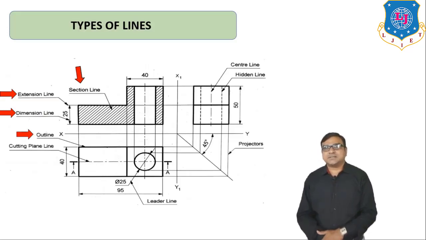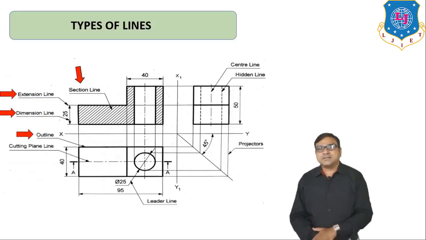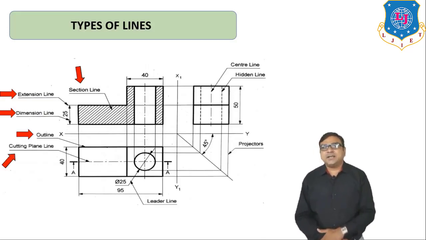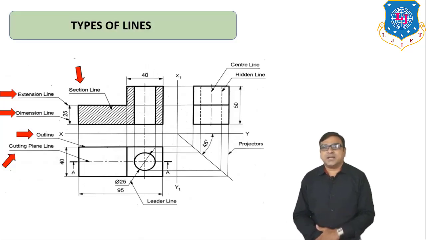Outlines of the object. So in our drawing, the main lines or most of the lines are outlines. Then cutting plane lines, which represent the top view of the cutting plane, and this line must be thin with thick at both the ends.